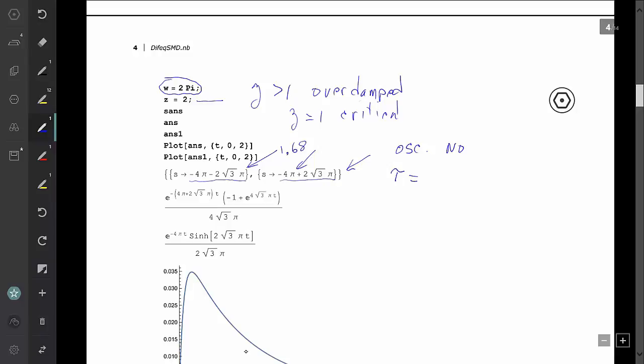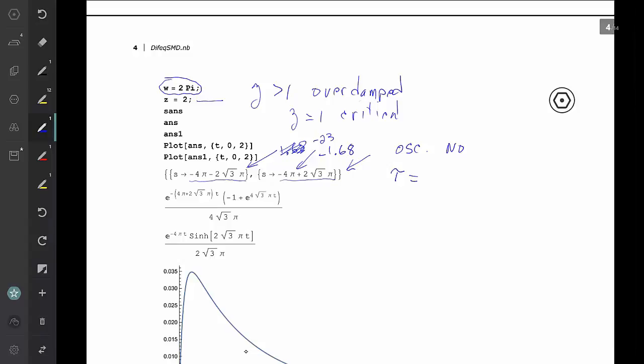The other one is minus 4 times pi minus 2 times the square root of 3 times pi. This one is a minus 23, which seems a little high to me, but let's say that those are the two values.